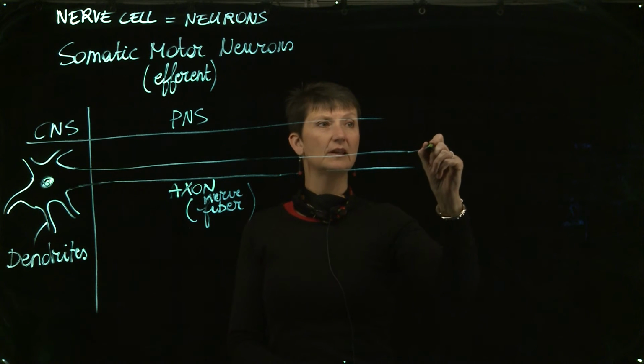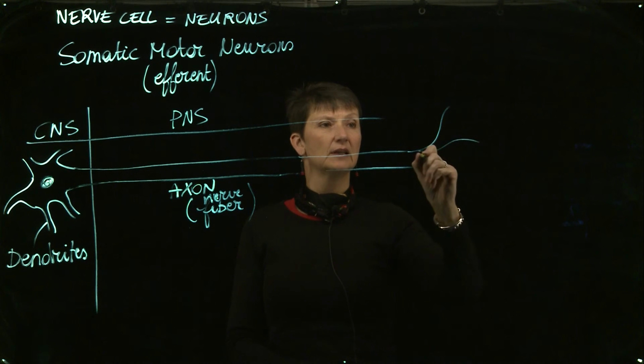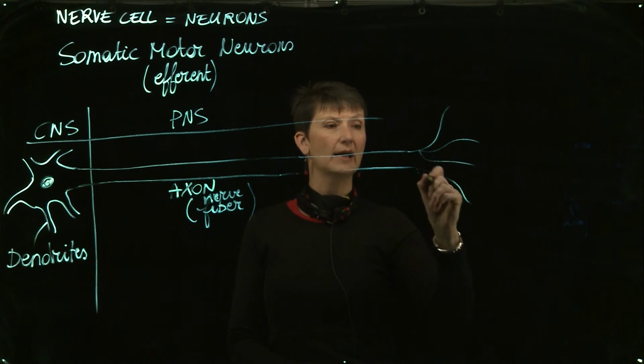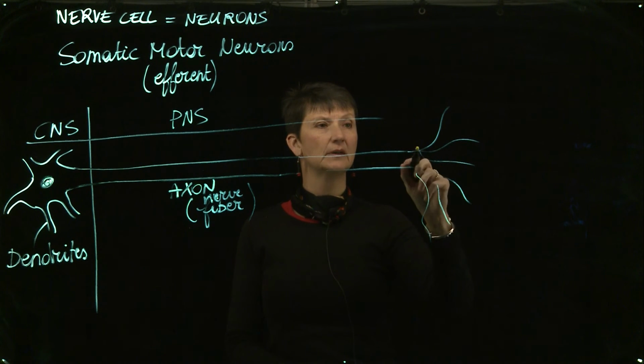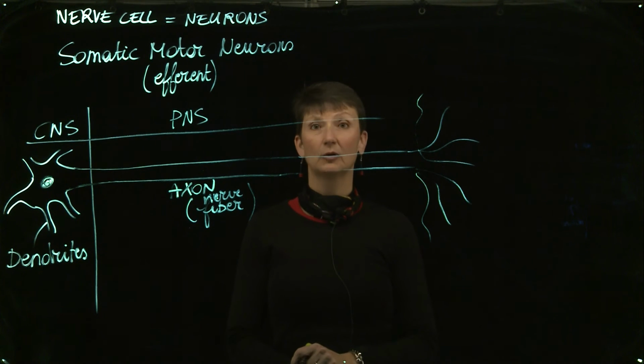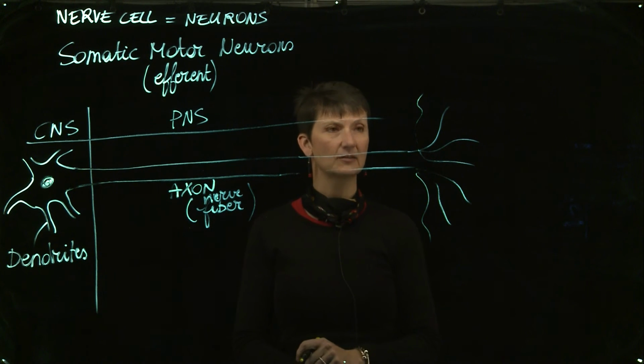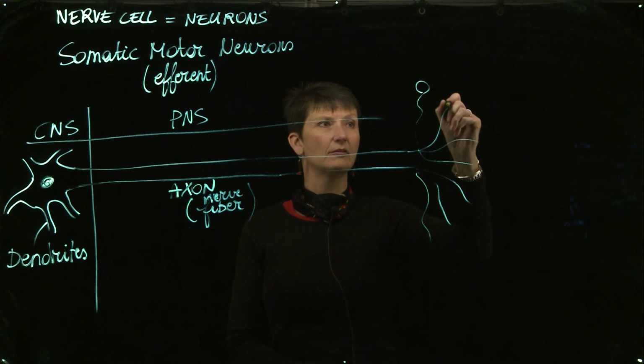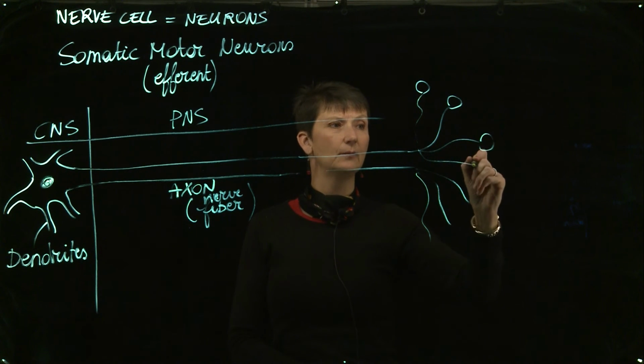Eventually, this axon is going to start reaching a muscle organ. And when it does, it starts to branch and gives rise to what we call axonal terminals. And I'll just draw a few. There could be a handful or hundreds, usually lots of them are formed. And the ends have little bulbs on them, like so.